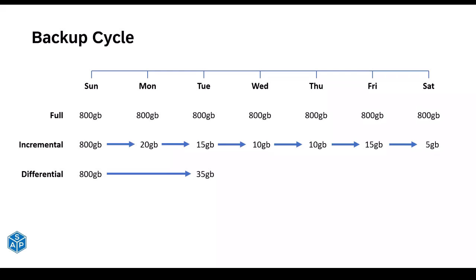So whenever the last full backup was, it will back up all the changes since that last full backup. So on Tuesday, it will see that the last full backup was on Sunday, so whatever changes were done from Sunday to Tuesday, it will back up those changes. Again on Wednesday, it will back up all the changes made since Sunday, and likewise Thursday, Friday, Saturday. Every day it will take all the changes which were done since the last full backup.